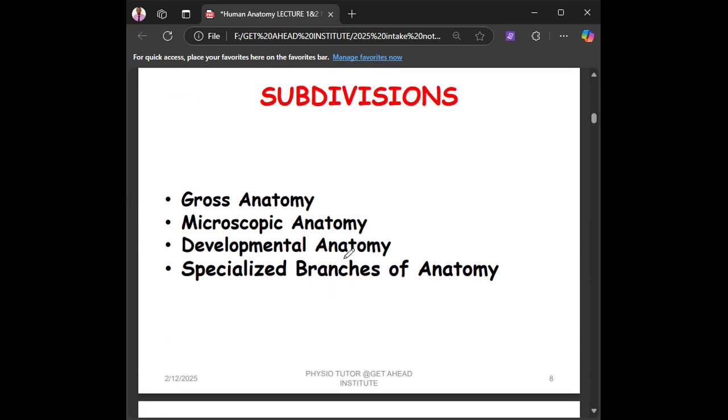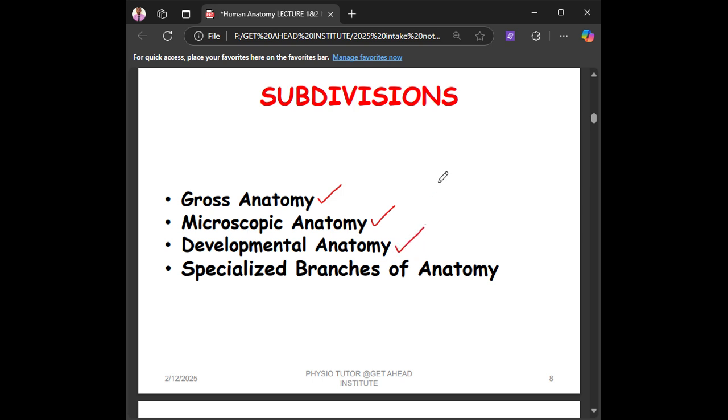Now let's talk about the subdivisions of human anatomy. Human anatomy is basically divided into gross anatomy, microscopic anatomy, and developmental anatomy.